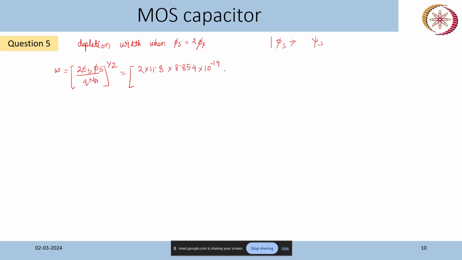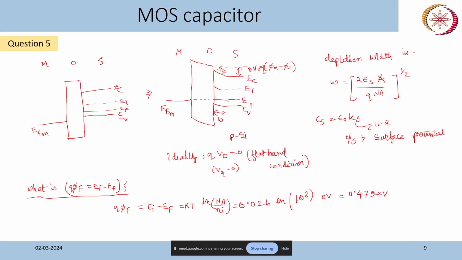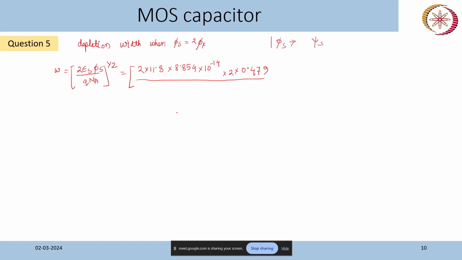Okay, and it is 2 into 0.479, I hope it is 479, yeah, 479, divided by q, 1.6 into 10 to the power minus 19. NA is 10 to the power 18, square root of this term.